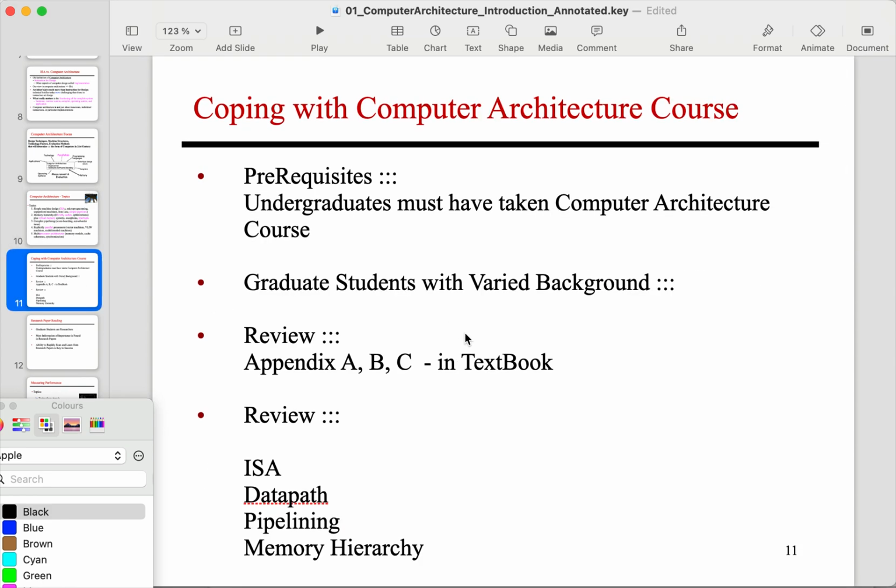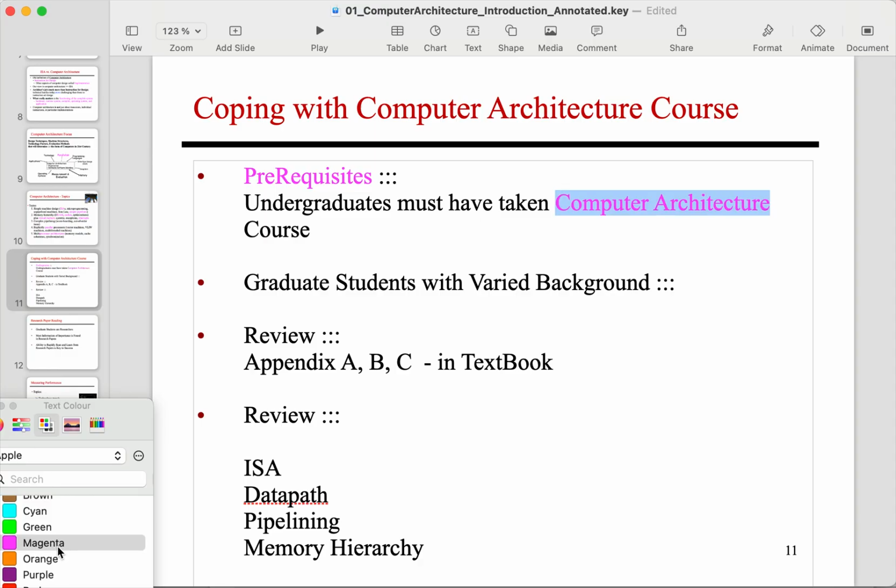So, this is a graduate computer architecture course. In order to cope with the subjects, the prerequisites mean that a graduate or master student needs to have taken an undergrad course in computer architecture.